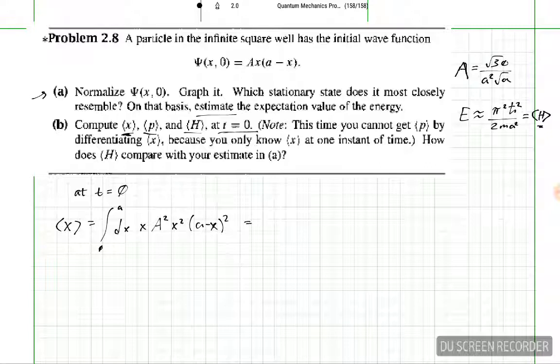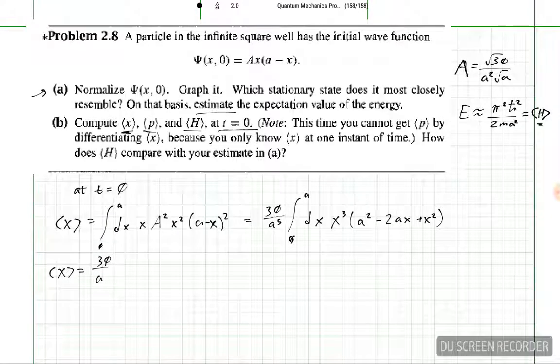Now we know what a is, so that'll be 30 over a to the 5th. And that's going to be x cubed. And I'm going to go ahead and just FOIL this out. Because it's a very simple function, we have pretty much the same integrals, we're just raising them up a power of x.